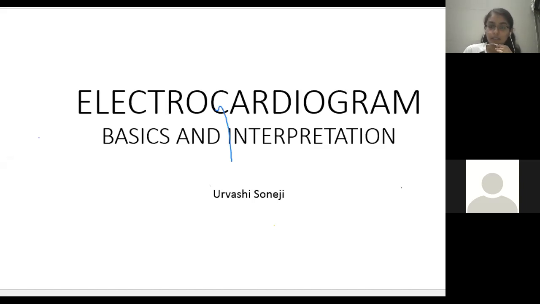The electric activity that is going on in your heart is captured by this electrocardiograph machine and converted into electrocardiogram, which is seen on the graph. So how is this electrical activity recorded? It is recorded by the electrocardiograph machine, which uses 12 different leads.